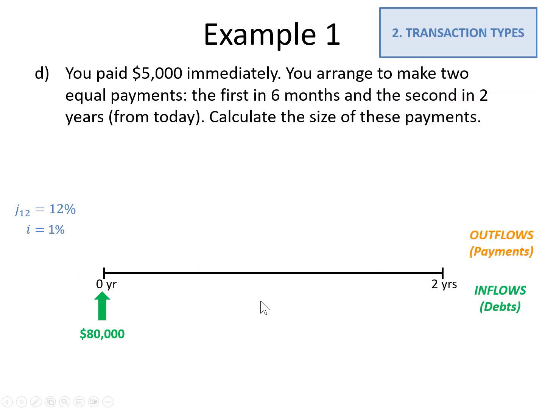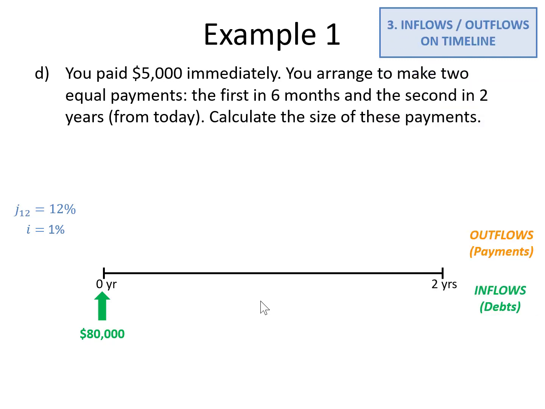And then I'm going to define the transaction types. I note that this is a debt and payment structure where I am getting $80,000 worth of equipment but not paying for it right away, and then I will have to pay for it over the time.